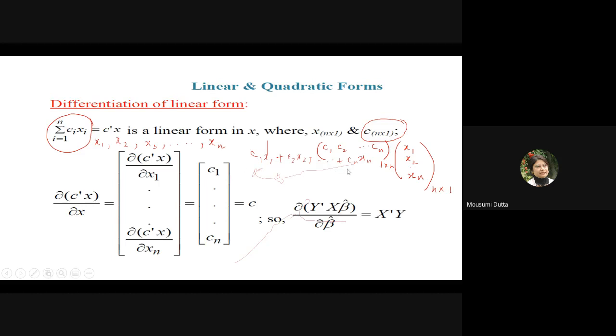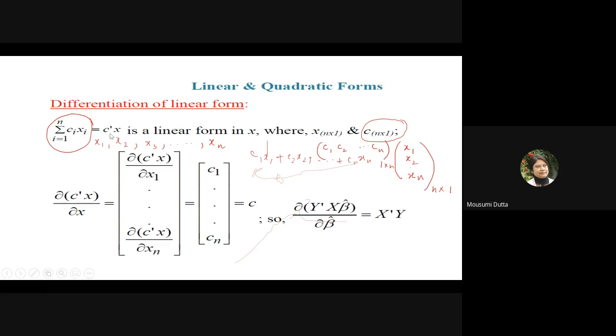Actually, I'm taking the derivative of the sum. I'm writing the transpose to get the sum, whereas when I'm taking the derivative with respect to x1, x2, xn, I'm getting the coefficients, not their transpose. So following the similar mechanism, if I take the derivative of y prime x beta hat with respect to beta hat, I'll not get y prime x, rather I'll get the transpose of that, x prime y.